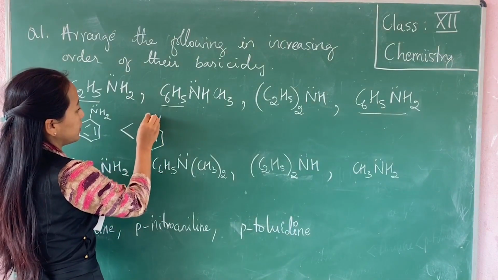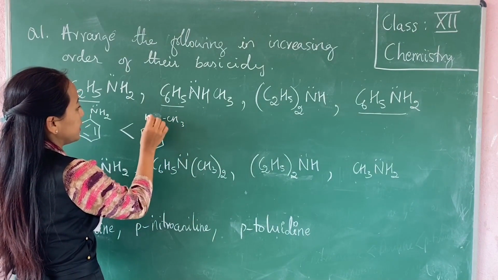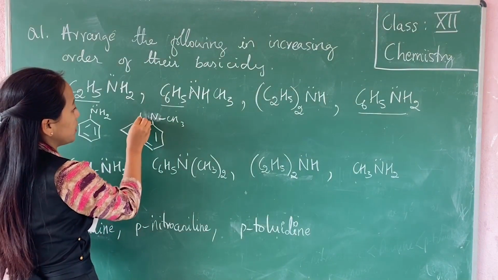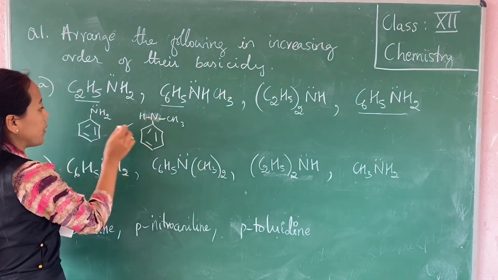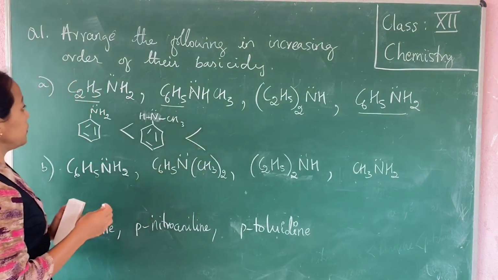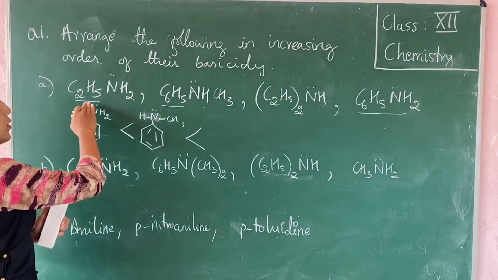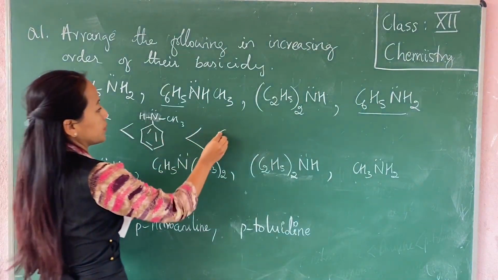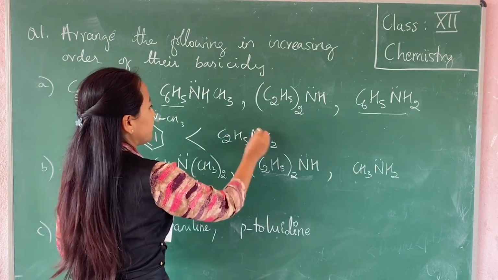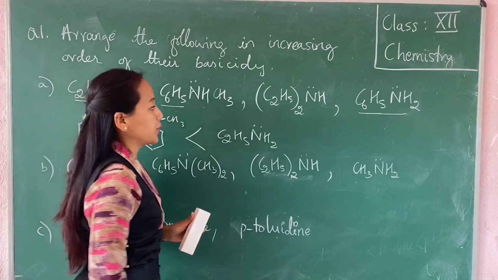Now this will have the least basicity, followed by this compound, C6H5 NH CH3, because this has an electron withdrawing group but it also has an electron donating group. So therefore this will be more basic compared to the previous compound, and then it will be followed by the compound with one electron donating group, so C2H5 NH2, and the most basic is C2H5 twice NH because it has two electron donating groups present.